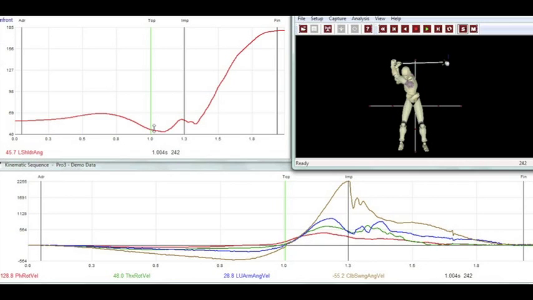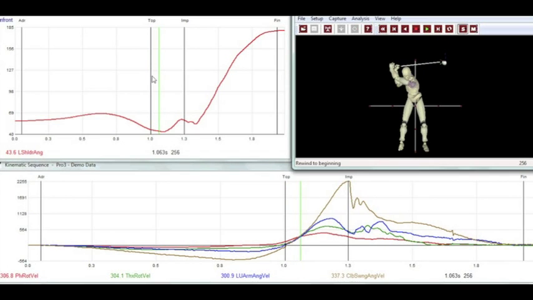What you will notice here is that as the golfer transitions from top of swing, when the club has reached its end range, as seen in the kinematic sequence, the thorax is starting to move strongly in a rotational aspect at a greater clip than the trunk. You will see this angle as I slowly play through the swing.